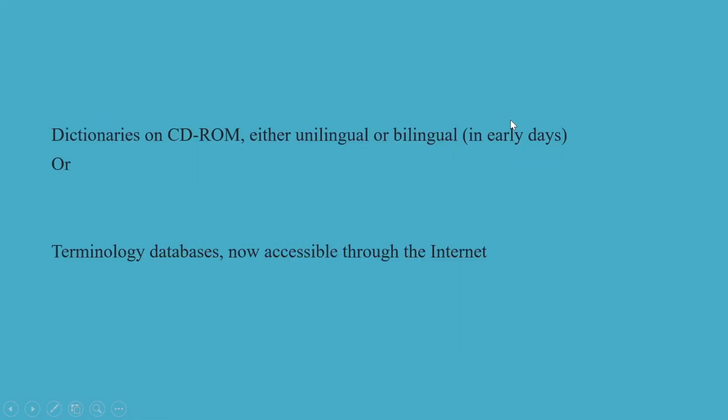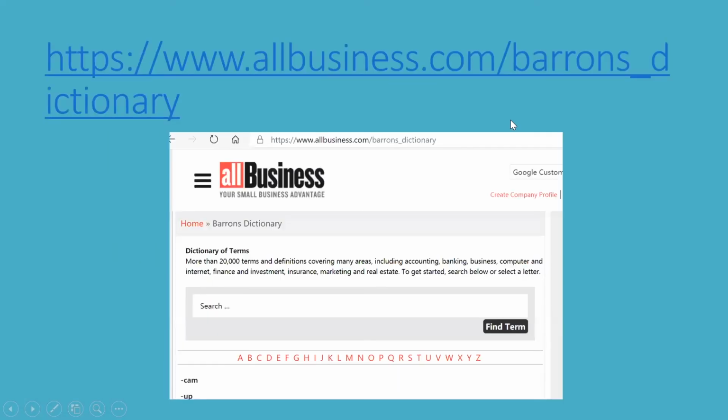And we have dictionaries on CD-ROM, either unilingual or bilingual in early days, but now we have terminology databases accessible through the internet. Terminology databases, for example, if you are doing business translation, you go to the web and then you find useful translations for unfamiliar terms.